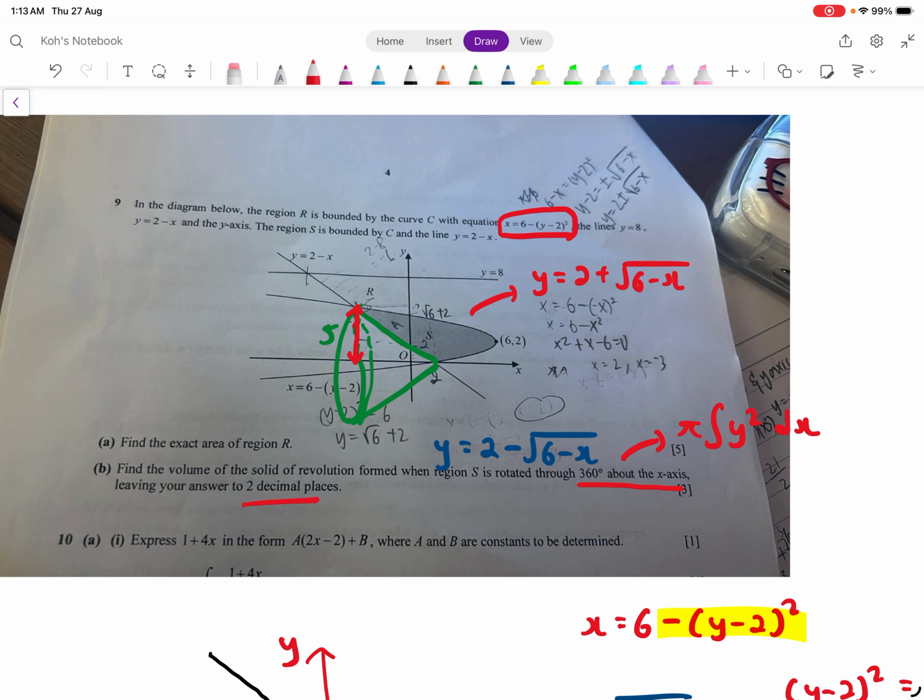There's also the height of the cone, from here all the way to here. This is also 5 units, because at this point it is negative 3 and at this point it is positive 2, so from negative 3 to positive 2 is 5 units. Can I use integration? Definitely yes, but here we just use one third pi r square height.